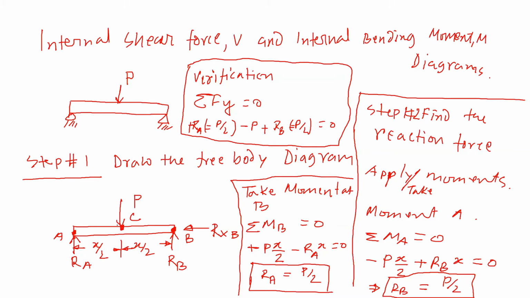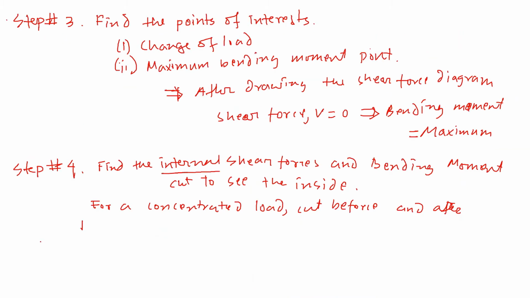We're going to cut slightly before C and slightly after C. So let's cut before point C. When we say cut before point C, I would like to use the notation to the left of point C, to the left of C, like that.